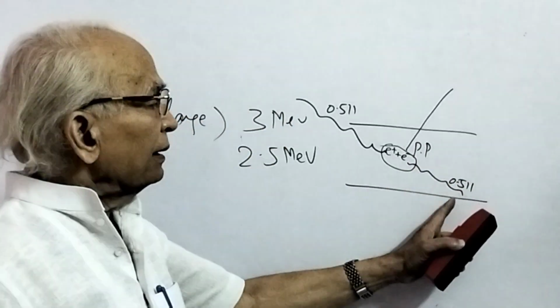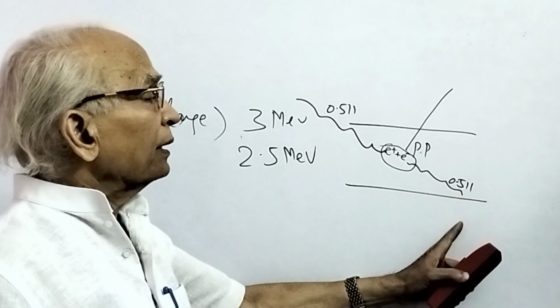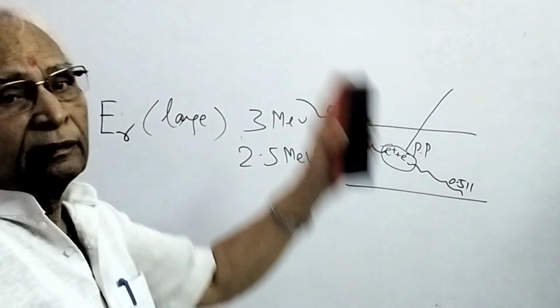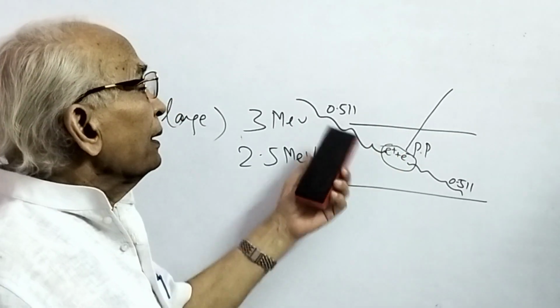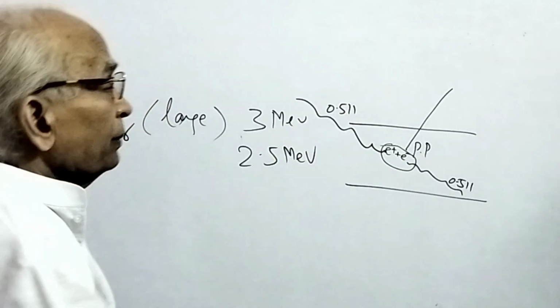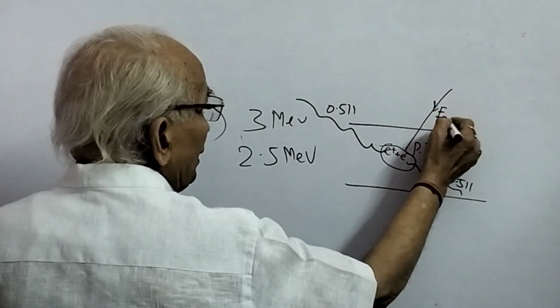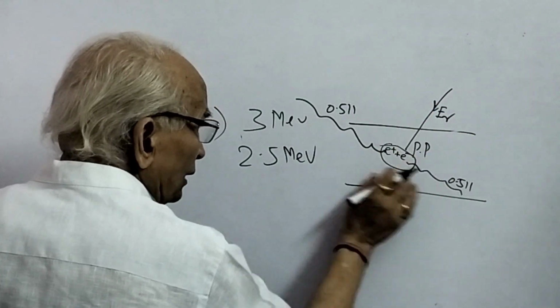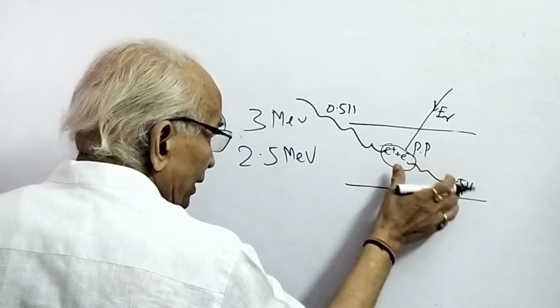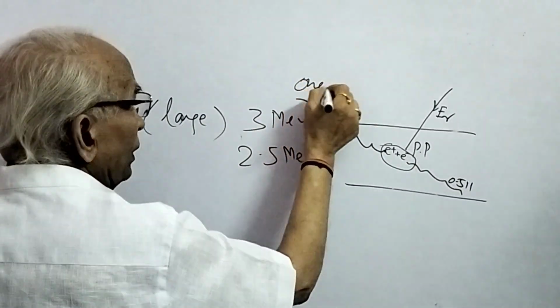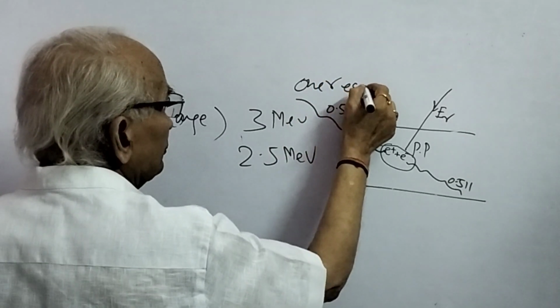Suppose this gamma ray is converted to electrons, it is absorbed inside. But this gamma ray goes out. It is not available, its energy is lost. So the total energy of the gamma ray is not counted, not converted into the number of electrons here. This is called 1 gamma escape.